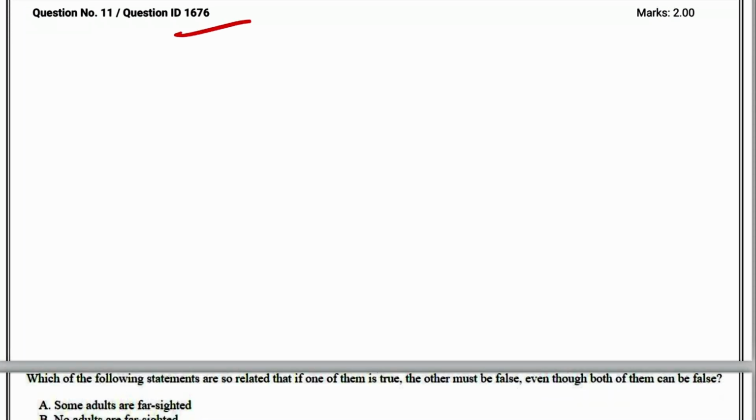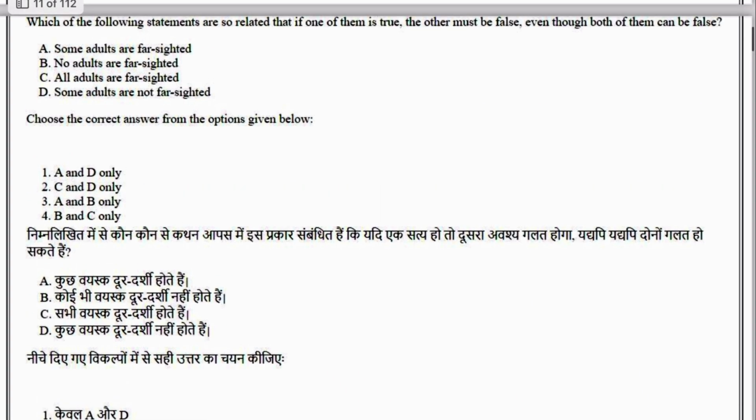Next is 76. This is question number 76. Which of the following statements are so related that if one of them is true, the other must be false, even though both of them can be false? Some adults are far-sighted. So there are some adults who are far-sighted. No adults are far-sighted. This is contradictory.